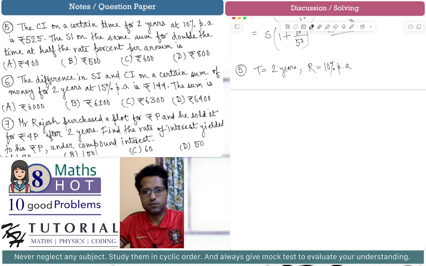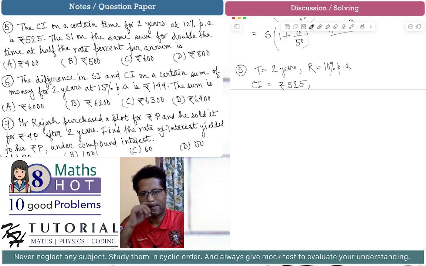The compound interest is given to be on a certain sum, rupees 525. This is the compound interest.